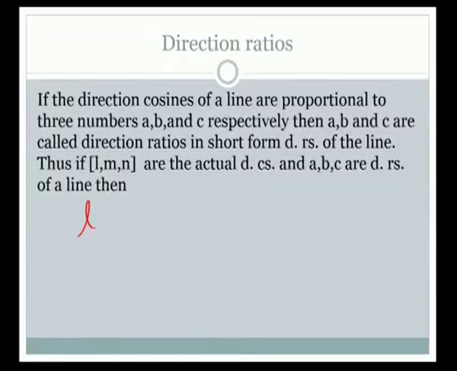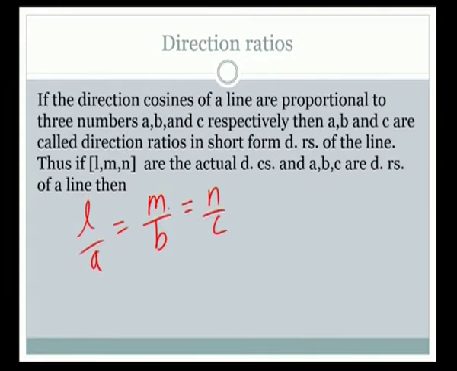Thus, if the directional cosines are given in a square bracket as l, m, n, and the direction ratios of the line are a, b, c, then l by a is equal to m by b is equal to n by c.